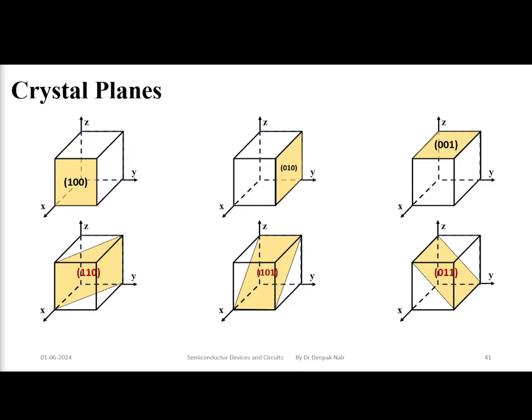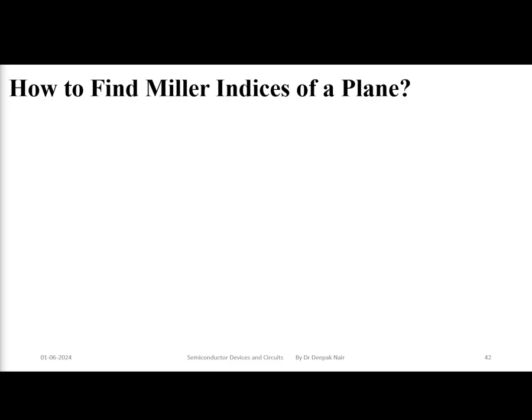So these are some of the common planes which you can derive. Apart from that, let us go in a reverse direction where we have the planes and we have to find the Miller indices.